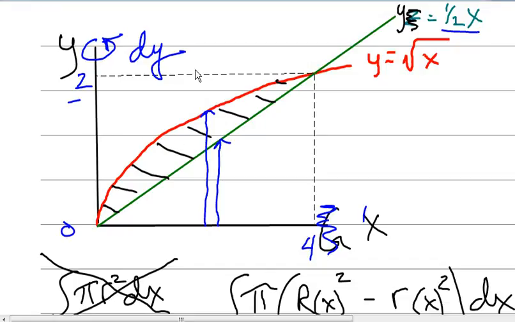It's kind of nice to keep track of this. So we have to rewrite this, and we're going to get x is equal to 2y. And here we've solved this before, x is equal to y squared.